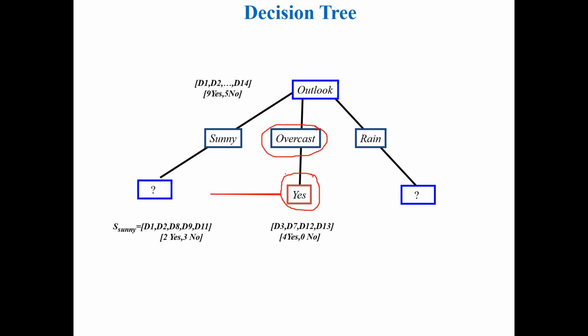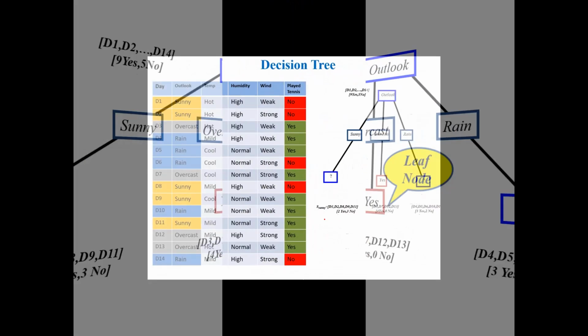That's why we can draw this leaf node. We know that there are total 4 examples of overcast value: D3, D7, D12 and D14, and all are yes. So now we have finished drawing this leaf node of the overcast, but there is still a question mark in front of this sunny and rain. So we have to consider these two values again, and we have to further do the calculations. Okay, so now this is our leaf node.